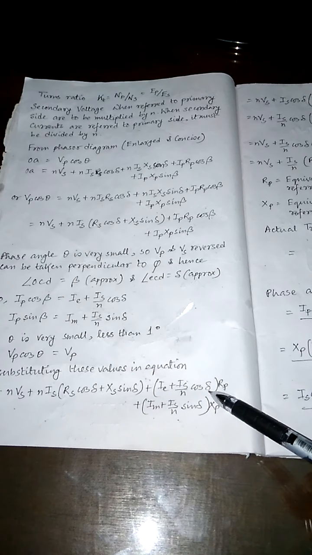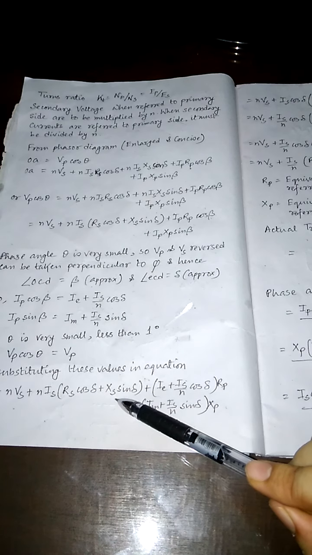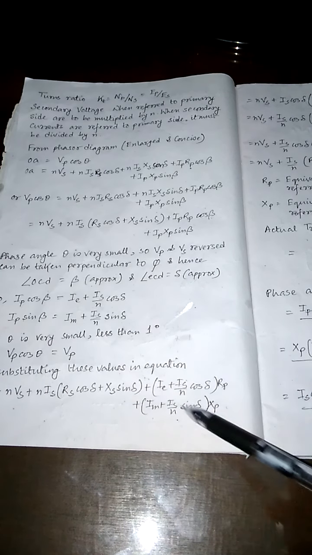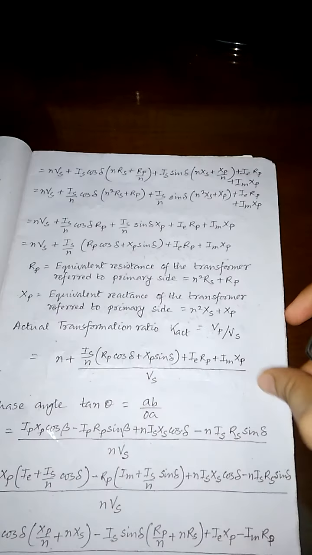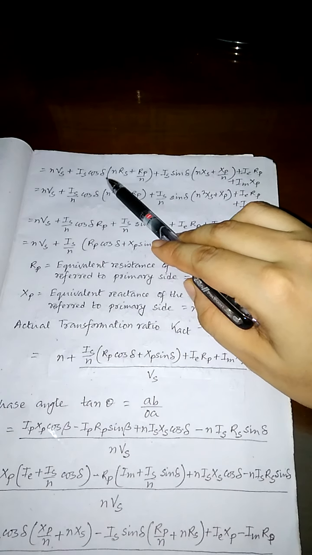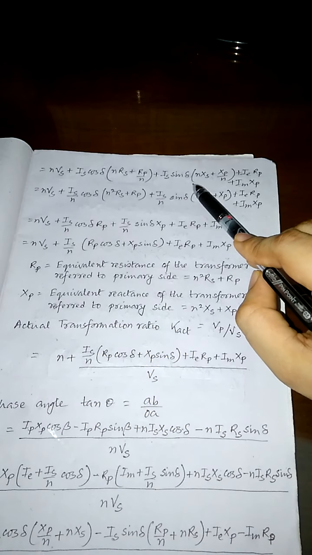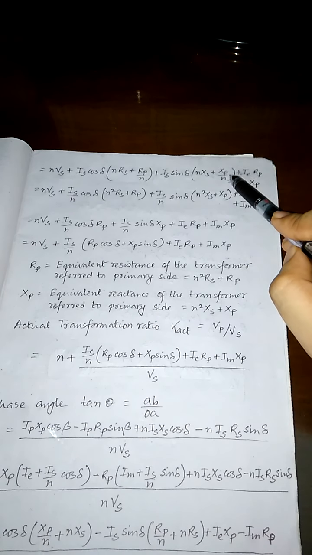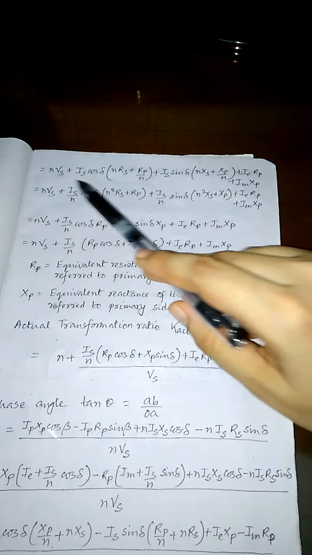So if we take the common term IS cos sigma and also IS sin sigma, what happens? See, this will come as IS cos sigma common, that is NRS plus RP by N, IS sin sigma common, NXS plus XP by N, plus IERP plus IMXP. This is getting from the last equations.